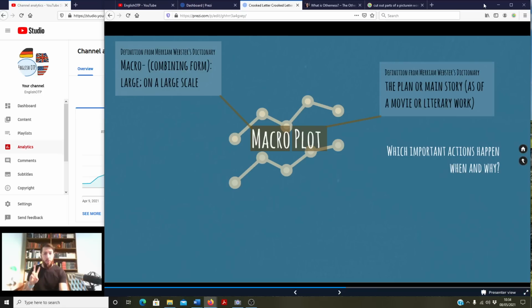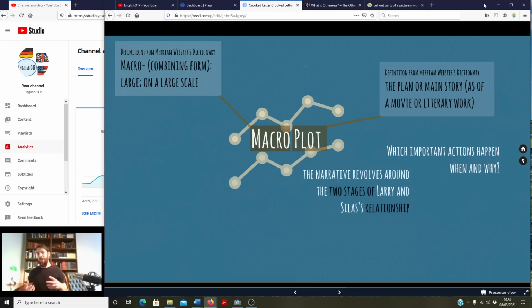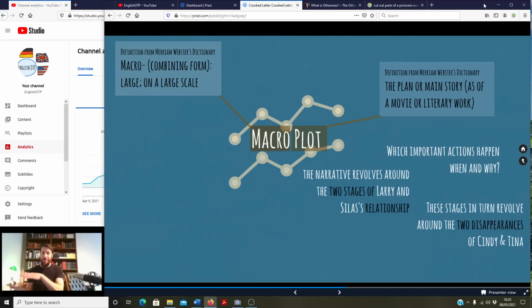There are really two things. The narrative on the whole revolves around the two stages of Larry and Silas's friendship, and those two stages in turn revolve around the two disappearances of Cindy and Tina. This is really what drives the whole thing. We have the first setting in 1979, 1980, and the second setting in 2008.